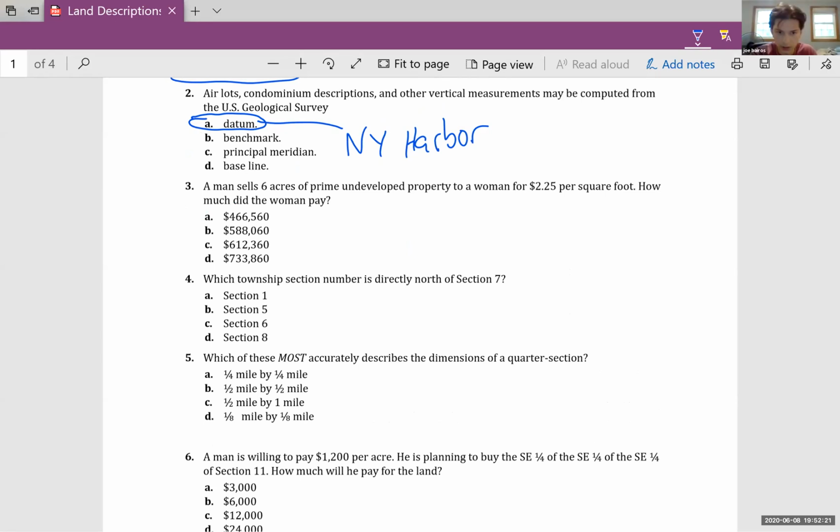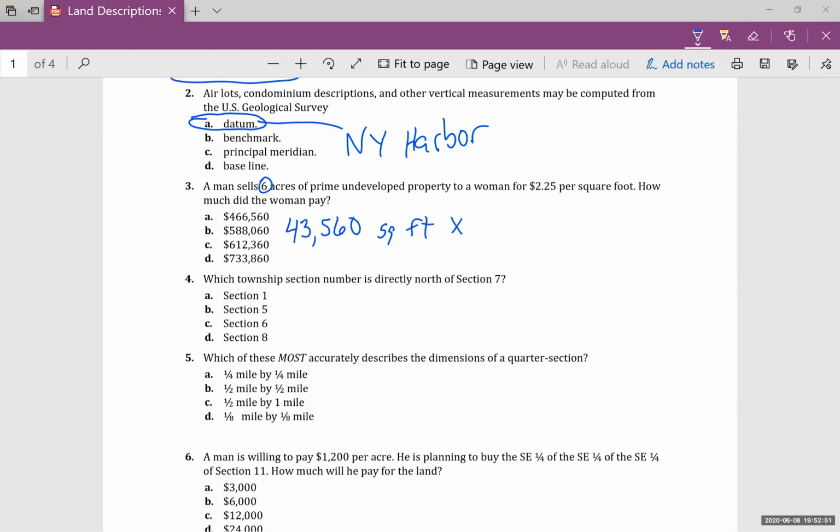588,060. So you got B. Okay, so how do you calculate it? What's the first thing you do? You take the square feet per acre and then you multiply by the acres. And then you take the square feet and multiply it by the price. Right? So there's 43,500 square feet per acre, and how many acres are there? 6.